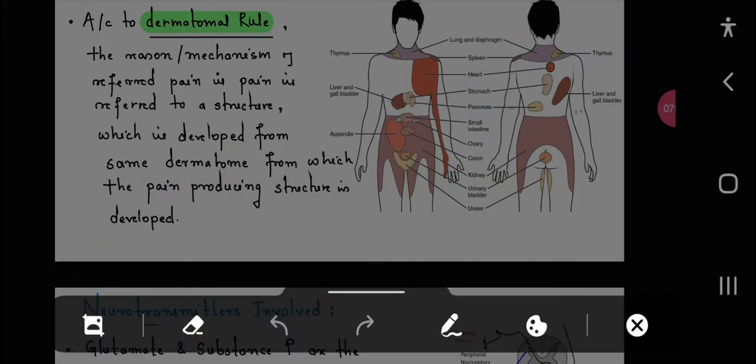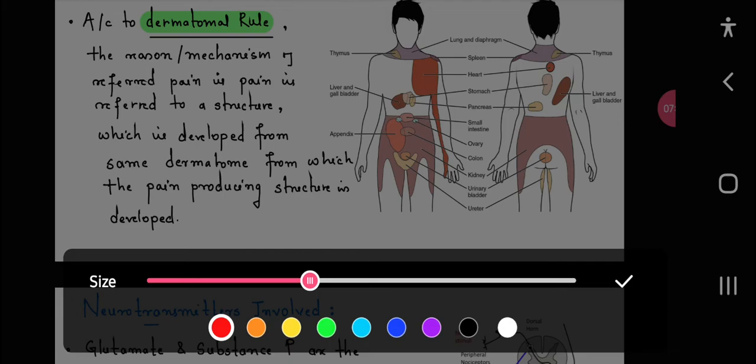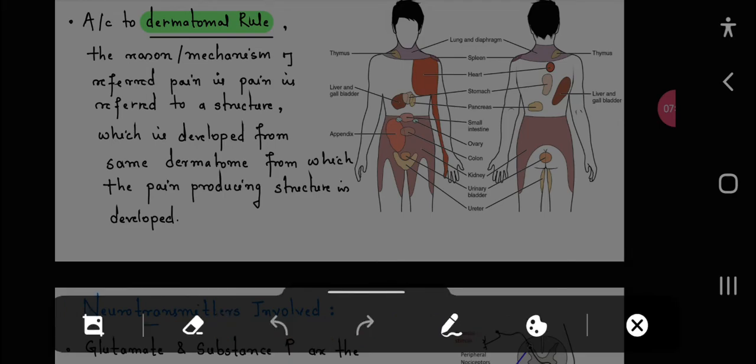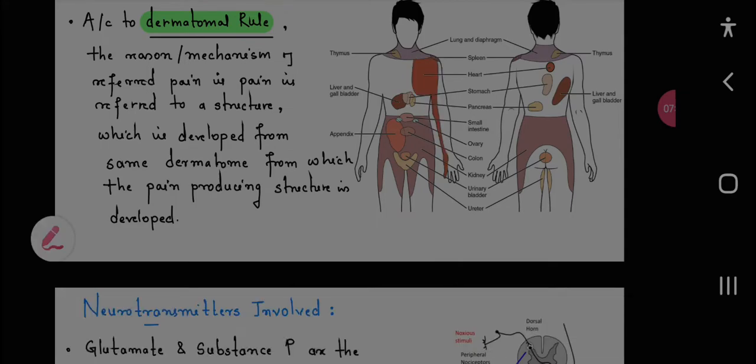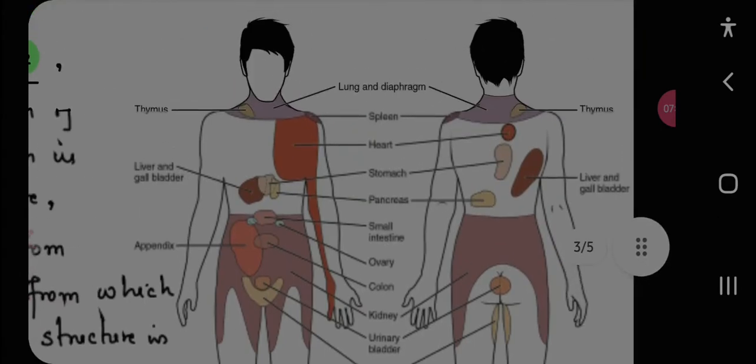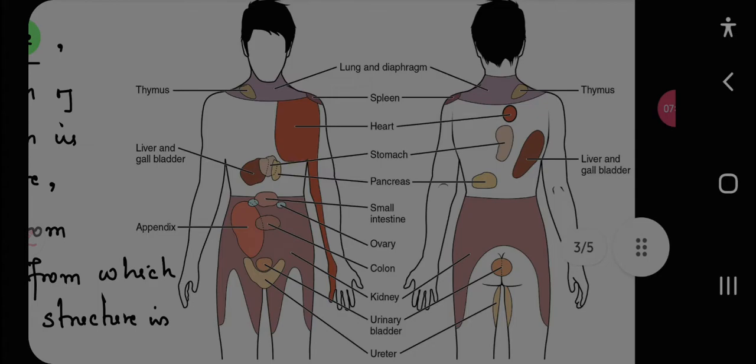So what you are watching right now, I can say that the heart pain is referred in this area, from the chest to the medial side of your forearm and arm. So this picture is very important.